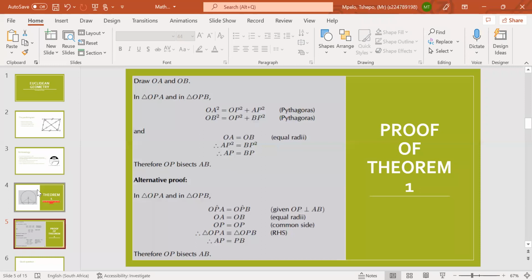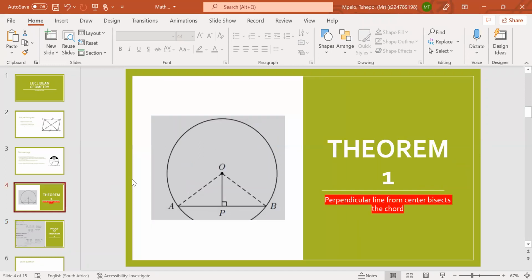Now, this one says you have to draw a line. We are constructing. You see line OA, the construction line. And then we're also going to construct line OB, meaning we've joined OA and OB. That is the first thing that we do when we are proving theorem 1.